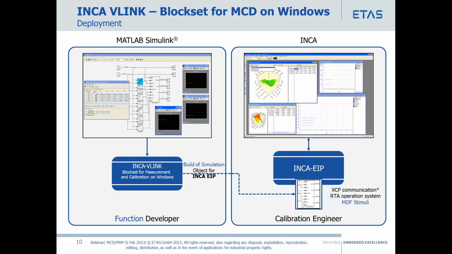In such a deployment scenario, Inka V-Link can be used by the community who owns the models and the Simulink license to generate objects which can be used by Inka users without requiring a Simulink license or the model source code. So this is typically a scenario where function development uses Inka V-Link to make the functionality of a control available to a community of Inka users.